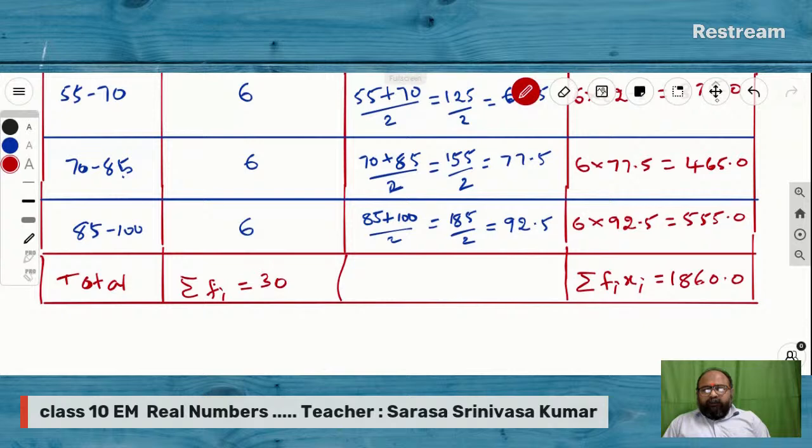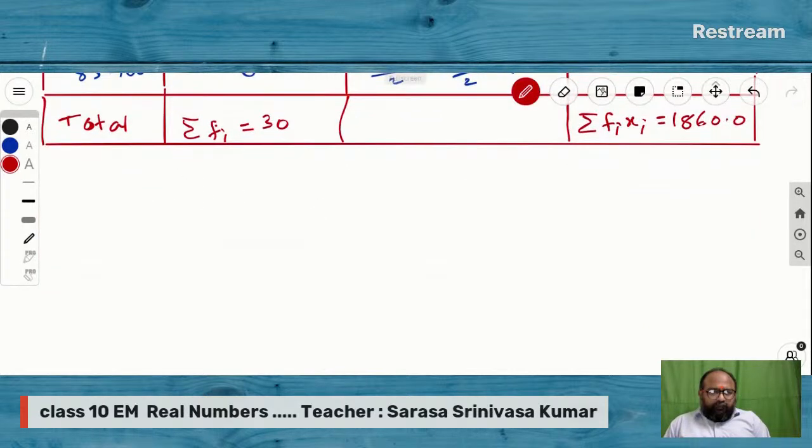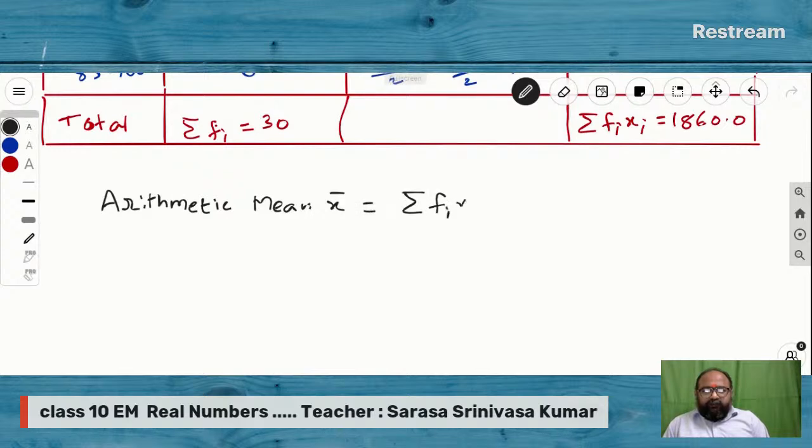Now we calculate arithmetic mean. We write the formula: arithmetic mean, x bar equal to sigma fi xi by sigma fi.